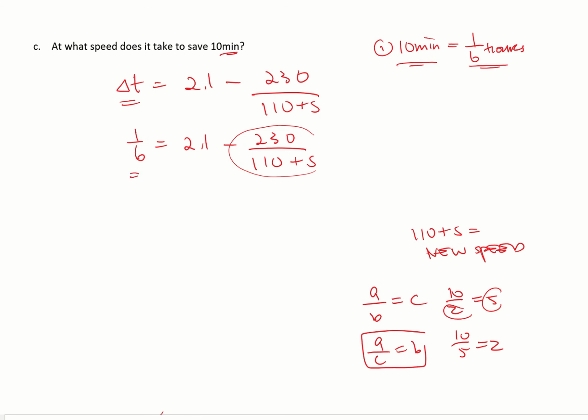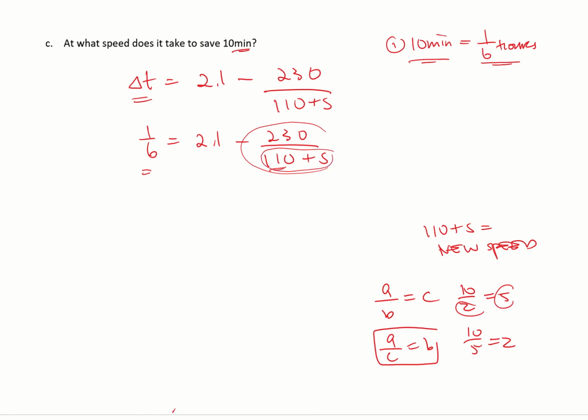And then you're looking for S. So you go 1/6 is equal to 2.1 minus 230 over 110 plus S. So you could just treat this as one whole value in itself. So I'm going to move this whole thing to the left because it's negative.